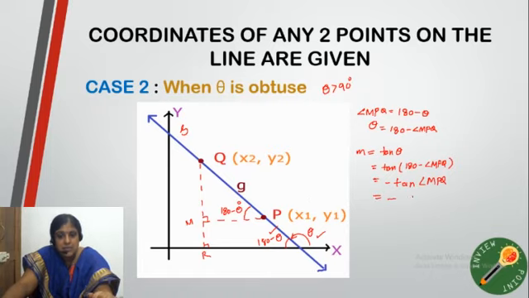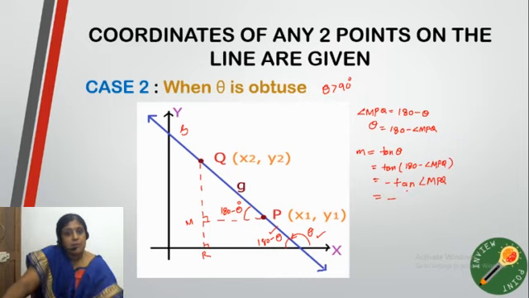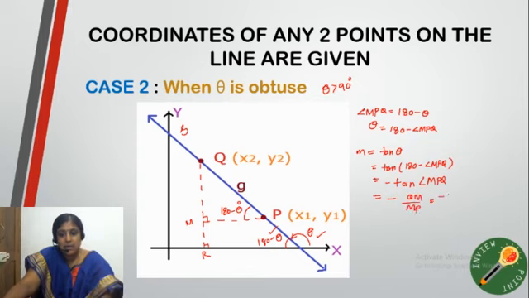So from the right angle triangle MPQ, it is minus tan MPQ, and angle MPQ is opposite side by adjacent side, that is QM by MP, equal to minus of y2 minus y1 by x1 minus x2, that is equal to y2 minus y1 by x2 minus x1.